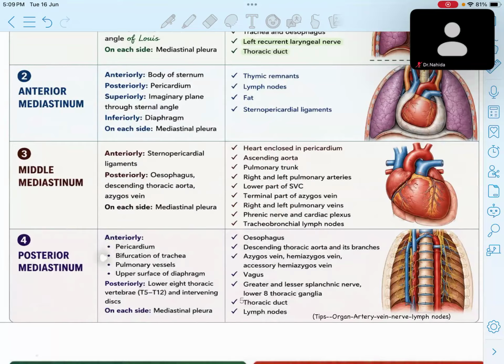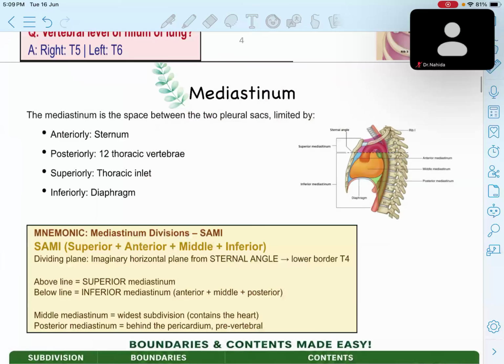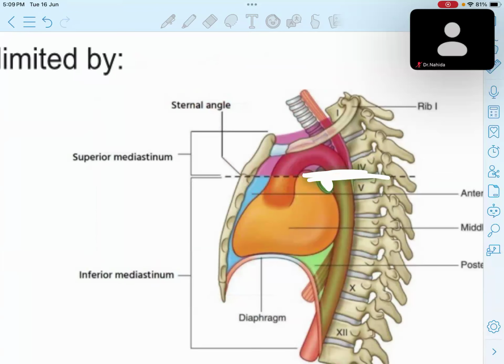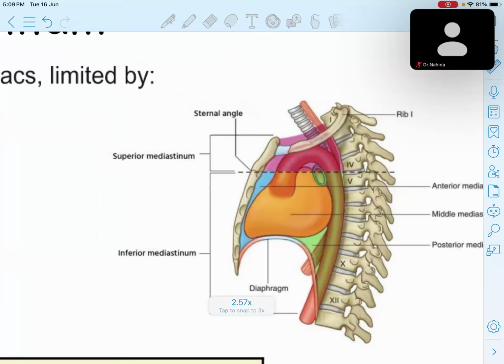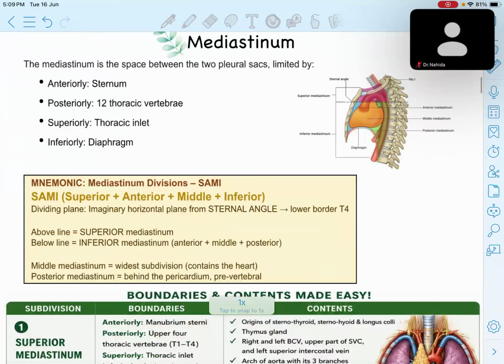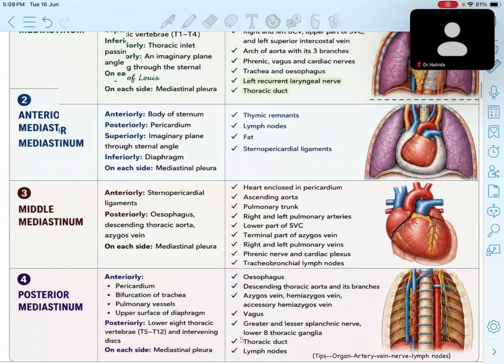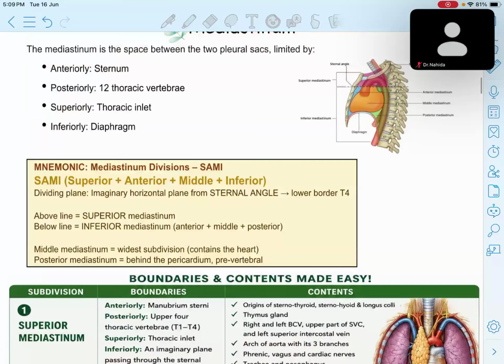Anteriorly, it is bounded by the pericardium, the bifurcation of the trachea, which is at the sternal angle, the pulmonary vessels, and the upper surface of the diaphragm inferiorly.